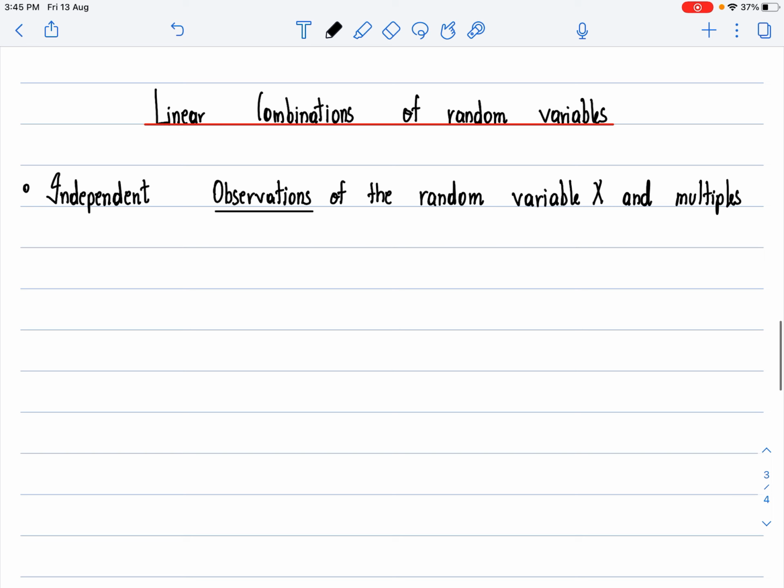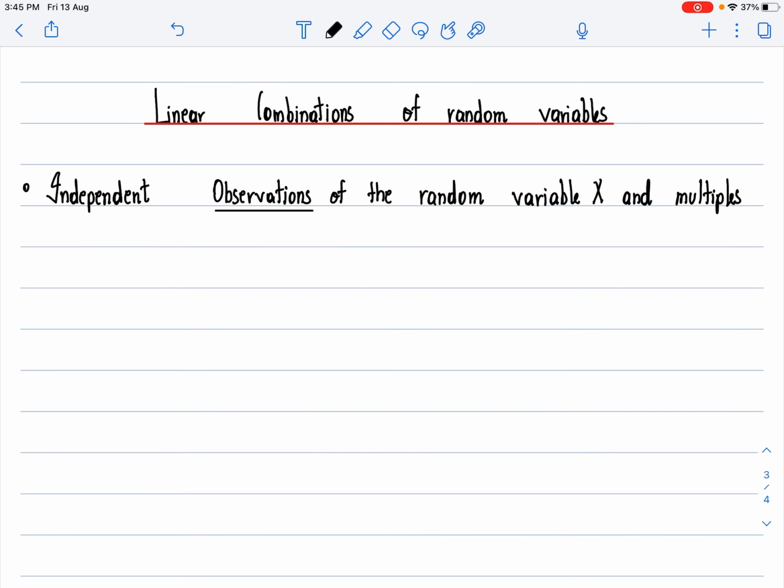In the previous video, we had done independent variables. These are separate things. There can be a variable x which can have, let's say, three observations: x1, x2, and x3.